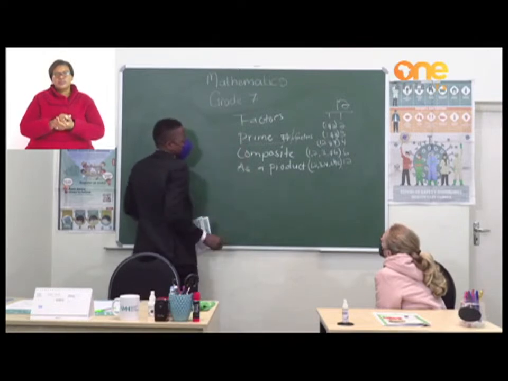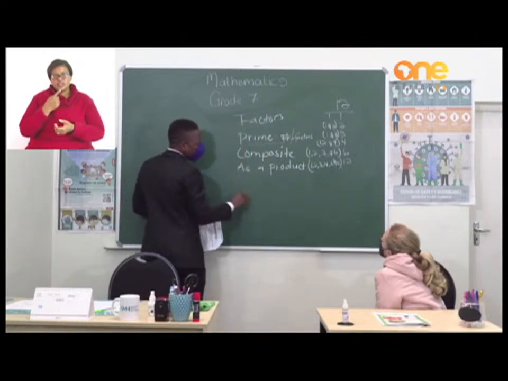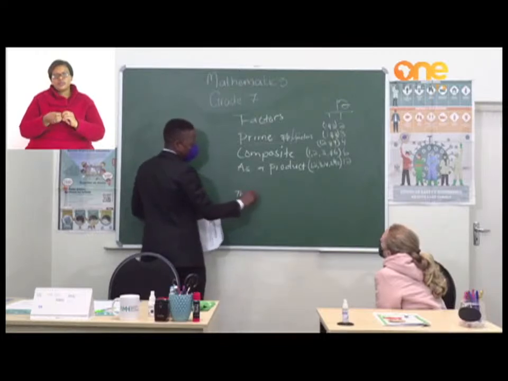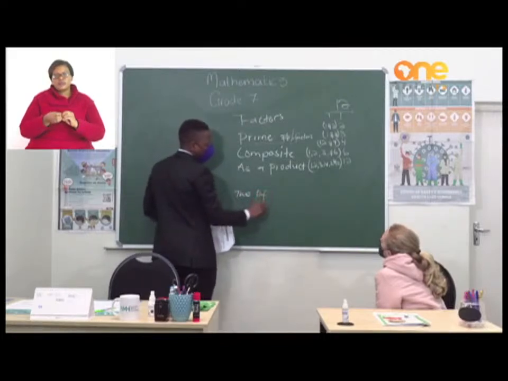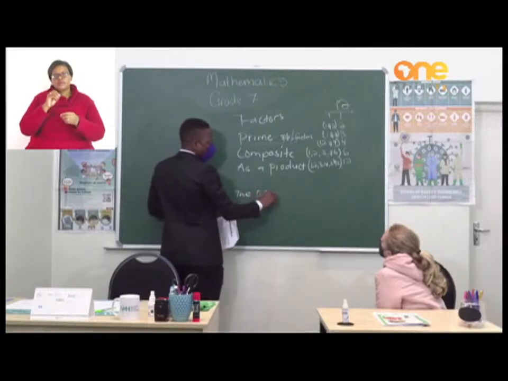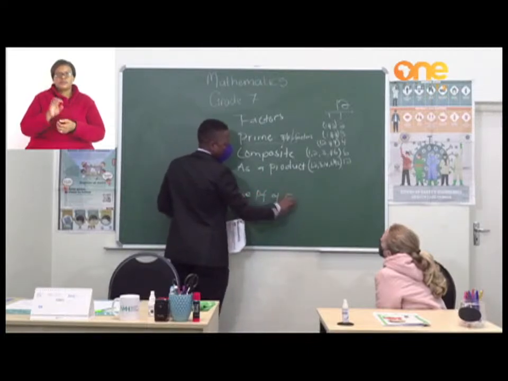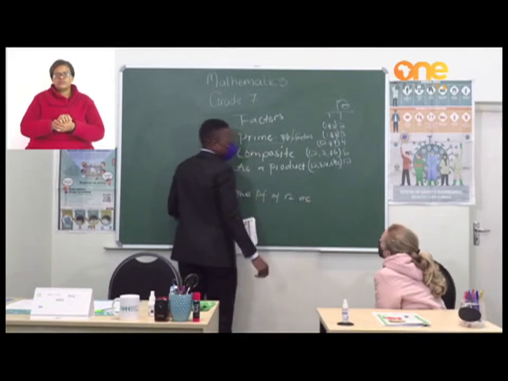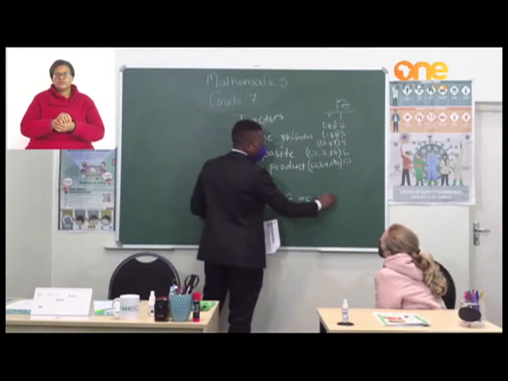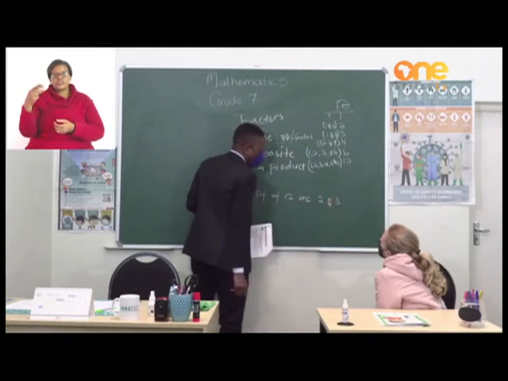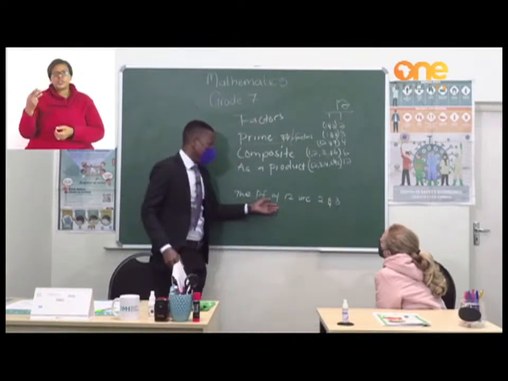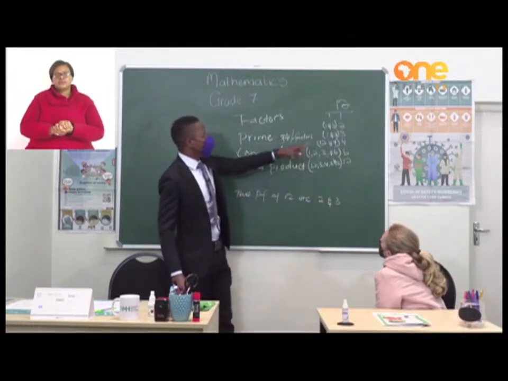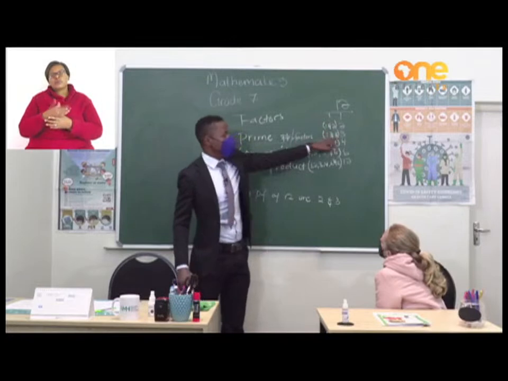To answer this, the prime factors of 12 are 2 and 3. Why? Because they only have two factors.